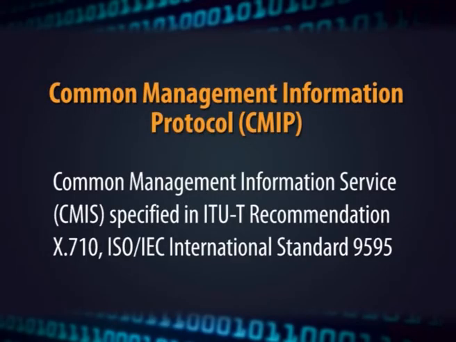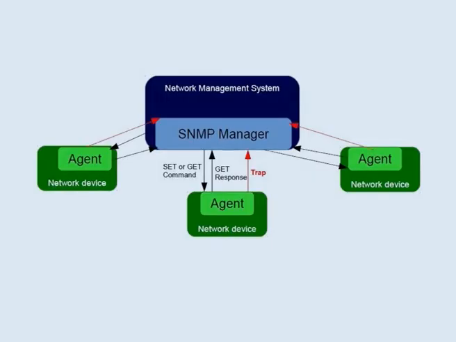It provides an implementation for the services defined by the Common Management Information Services specified in ITU-T recommendation X.710, ISO/IEC International Standard 9595, allowing communication between network management applications and management agents.